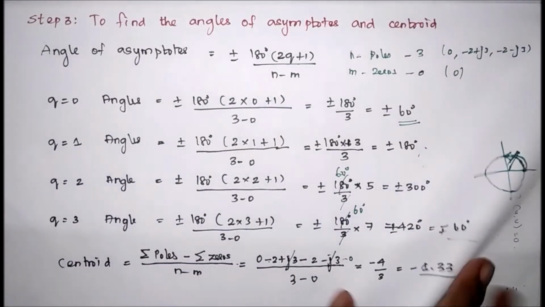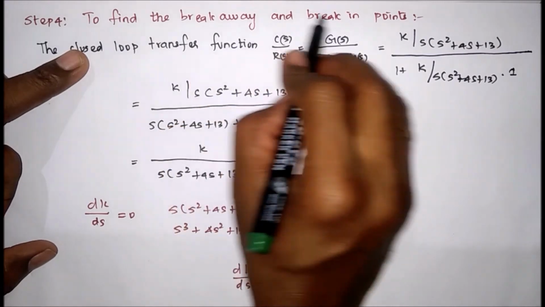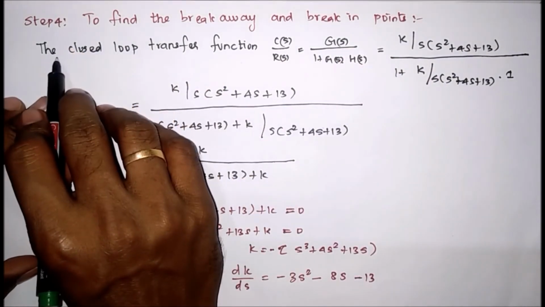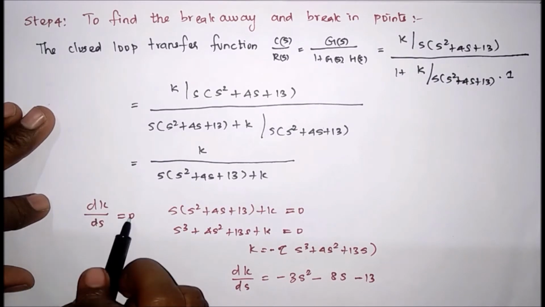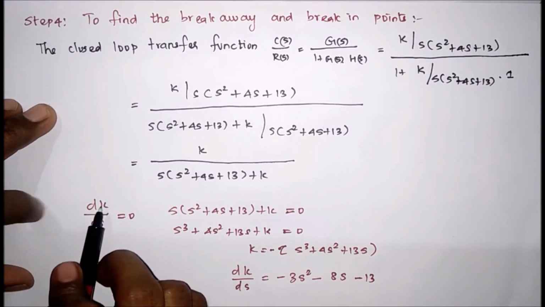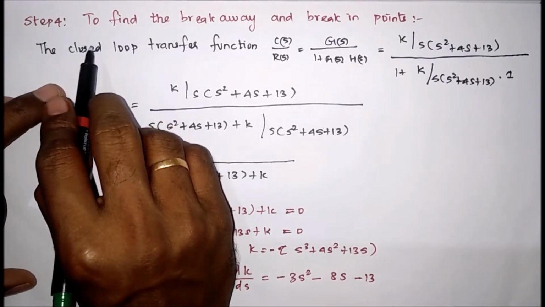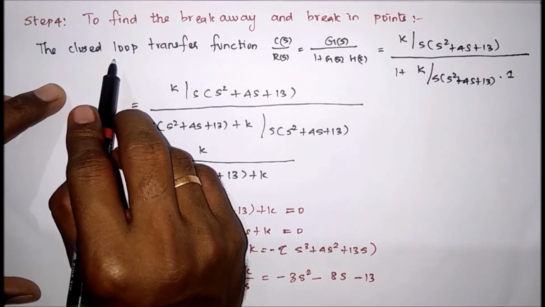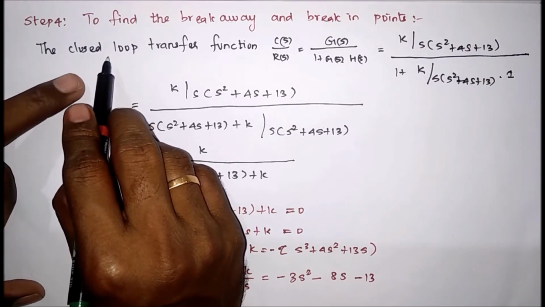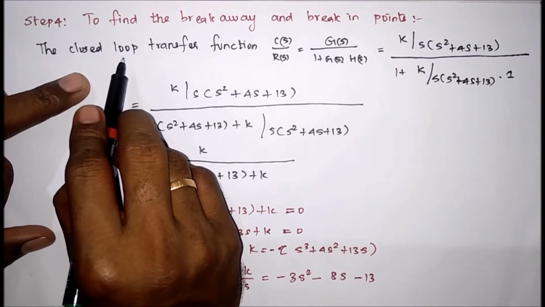The next step 4: we have to find breakaway or break-in points. For that, the condition is derivative of k equal to 0. K is gain. To find k, first we have to find the characteristic equation. To find it, we need the closed loop transfer function, but we have been given only the open loop transfer function.